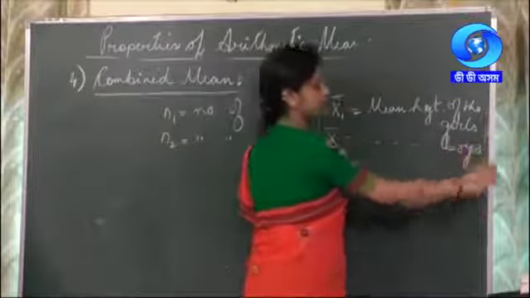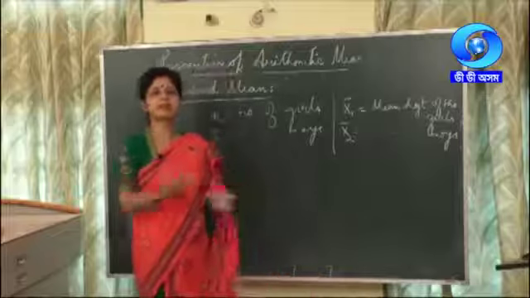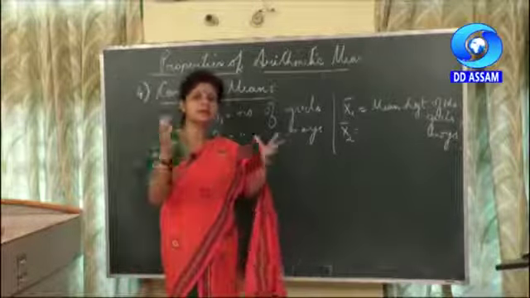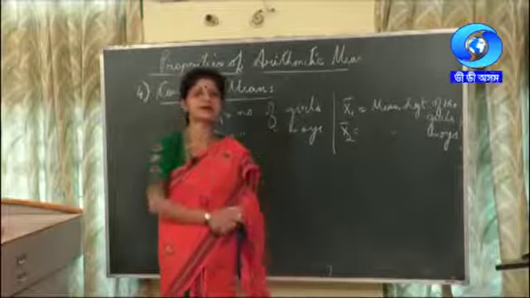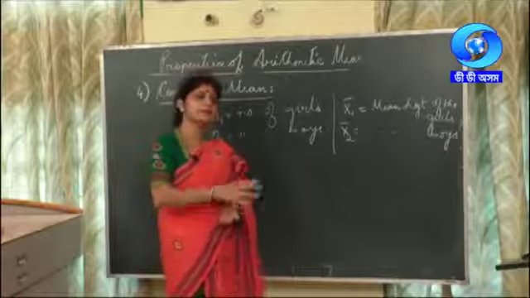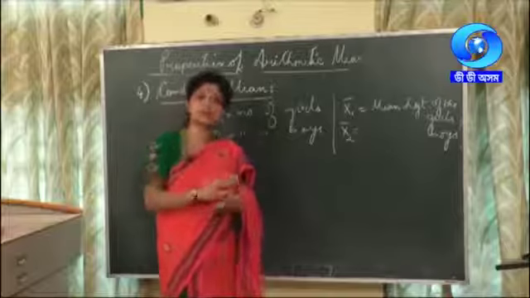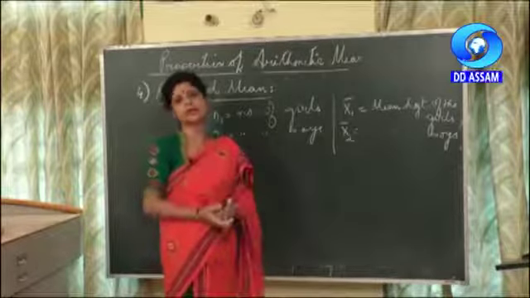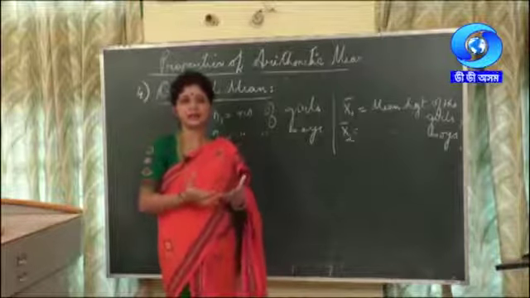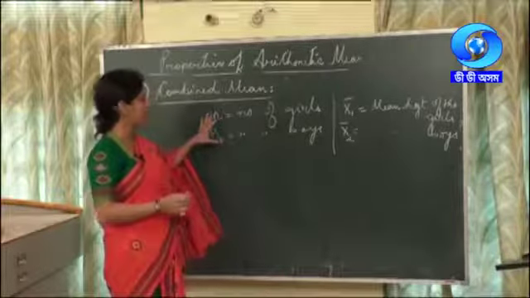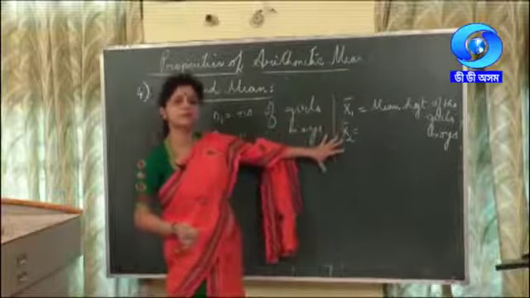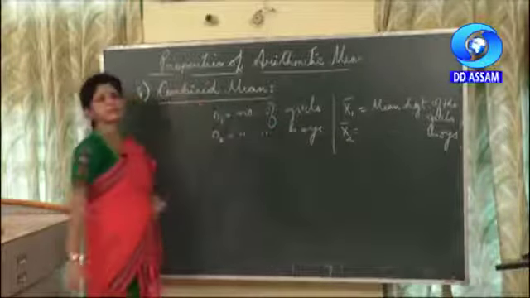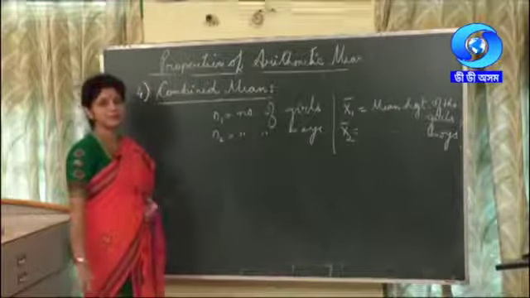I have this much of information, and suddenly now I want to know about the mean height of the girls and the boys taken together as one class. So instead of finding the mean for the entire group all over again, by making use of this much information we can find out what is known as the combined mean or combined arithmetic mean.